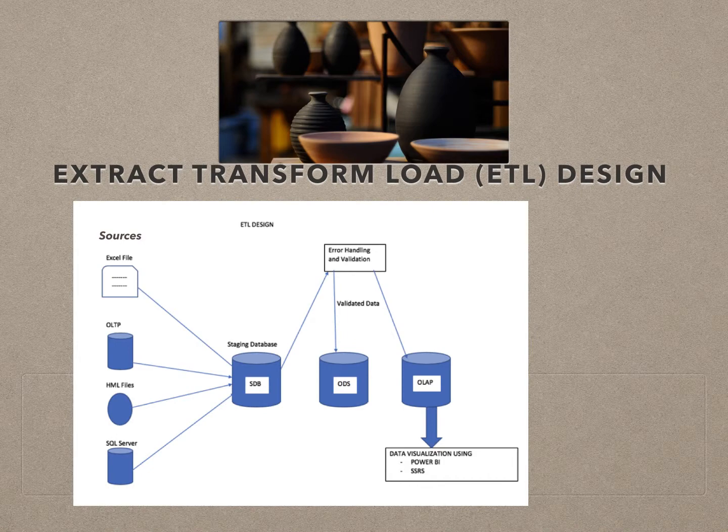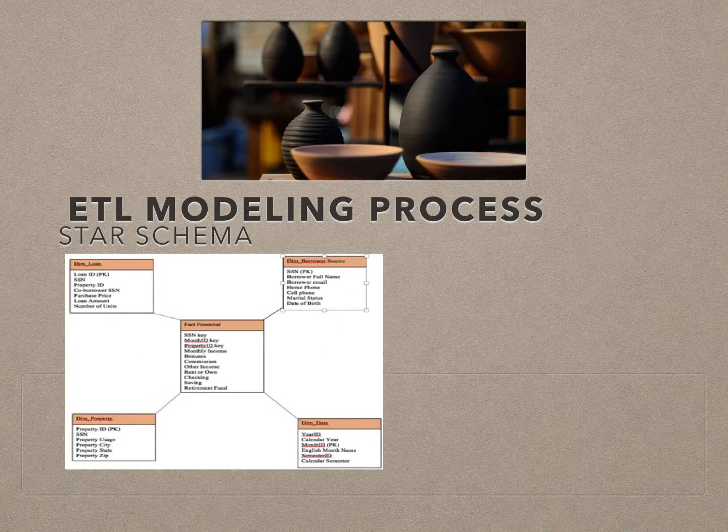At this point, we don't have any fact or dimension tables, but since we have to move further to build a multi-dimensional structure, which is a cube, it's very important to identify a modeling process for this cube model. So the next thing is to identify the modeling process. In this case, I have identified a star schema.